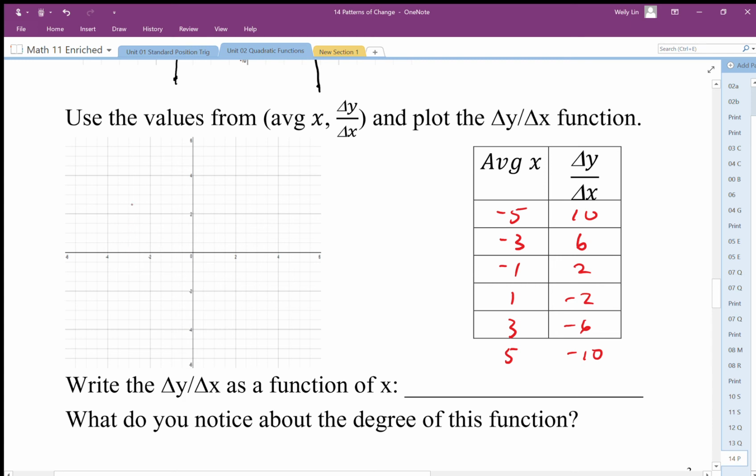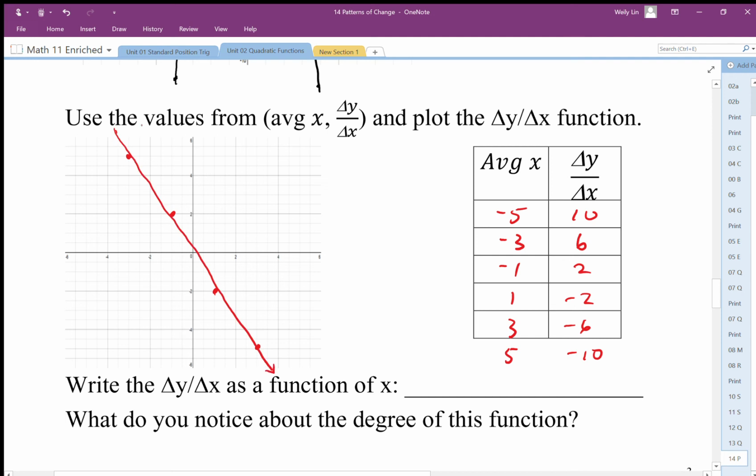So negative 3 and 6, right about there. Negative 1, 2. 1, negative 2. 3, negative 6, right about here. And we can see that this is in fact a straight line pattern.